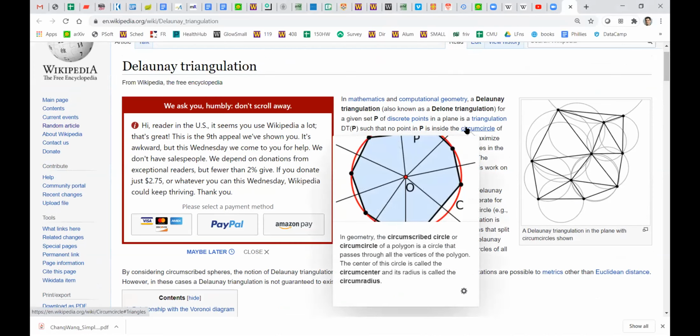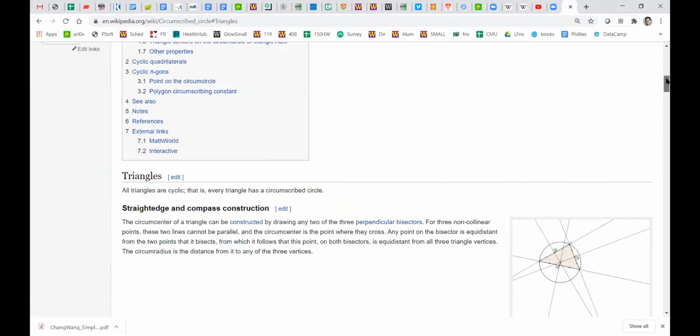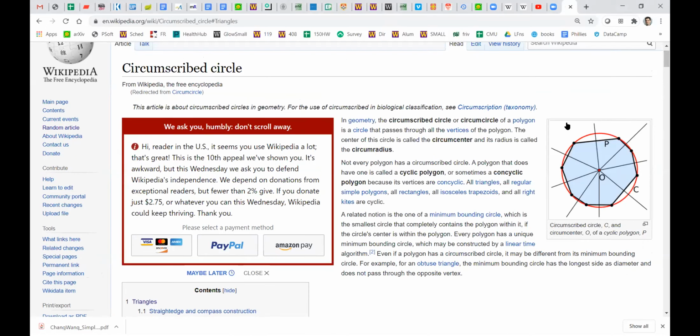And then one term that's needed is the circumcircle. The circumcircle, given a polygon, is a circle that passes through all the vertices of the polygon. Do you always have a circumscribed circle for any finite polygon?